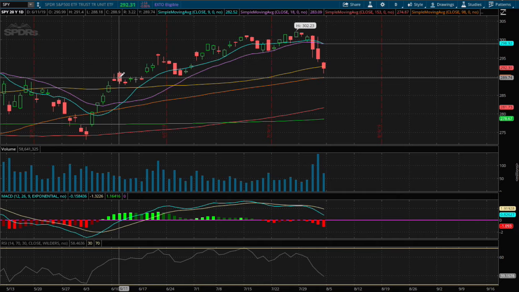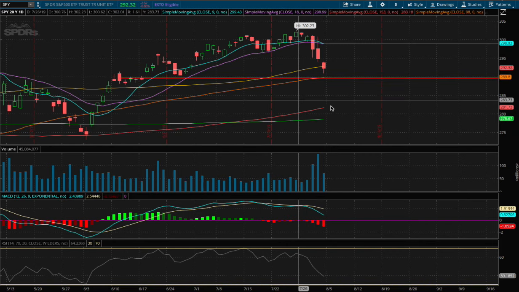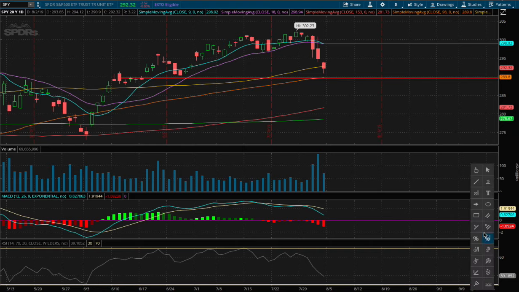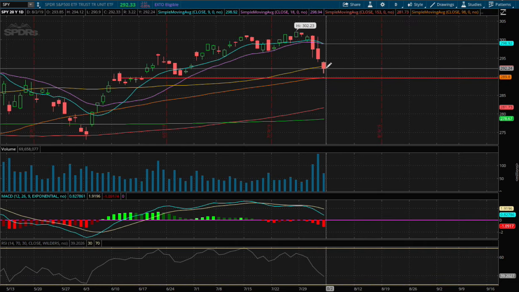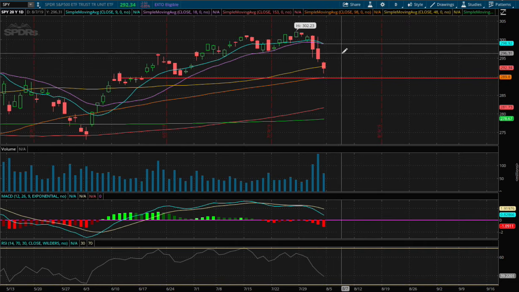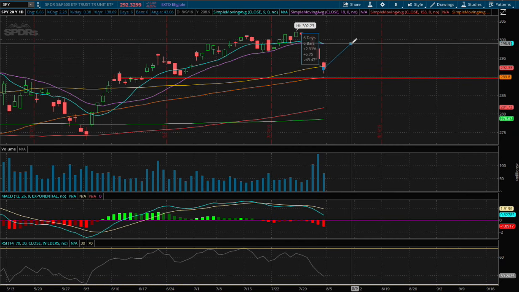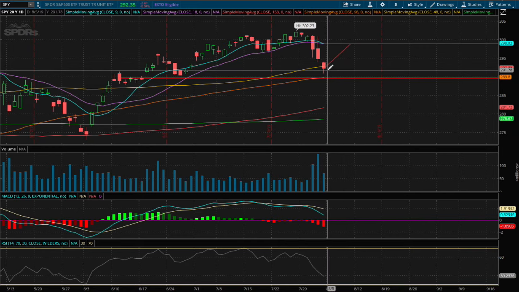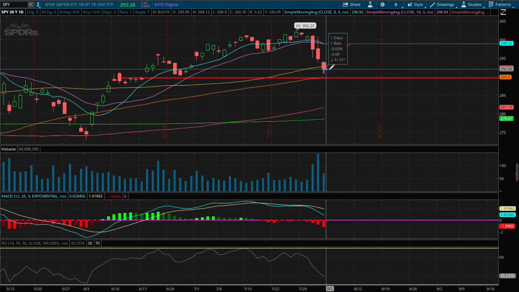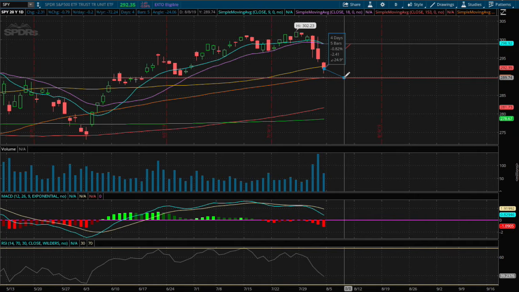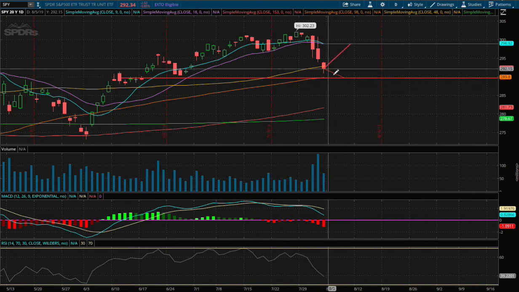So if we were to move on higher, that price movement is roughly about 2.3%. And if we were to continue to move lower, that price movement is around 82 basis points.